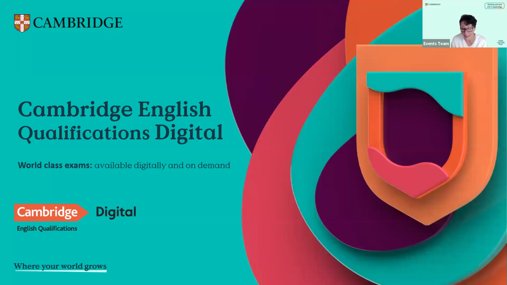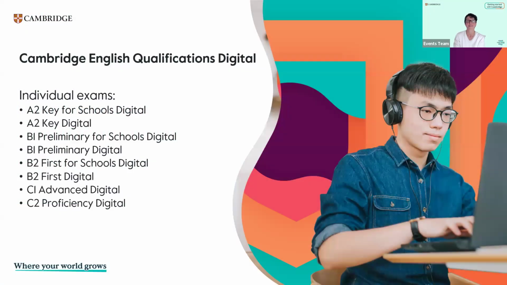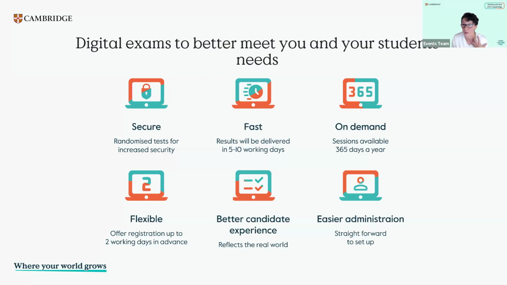Cambridge English Qualifications Digital. Yes, now all of these exams are available digitally and on demand. All of these individual exams are available digitally. And why are digital exams so good? Well, they better meet you and your students' needs. Why? They're secure, so they've got randomized tests to increase security.